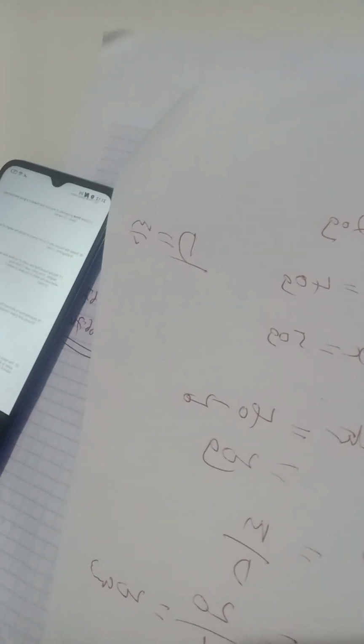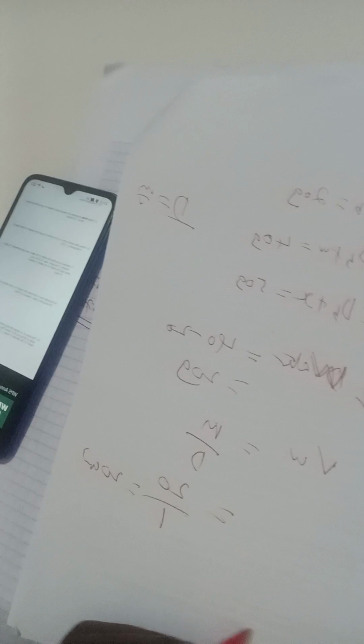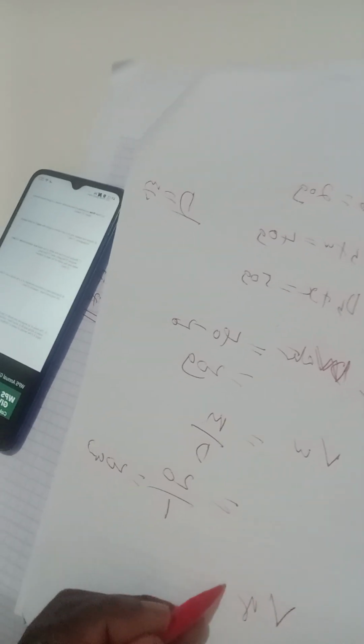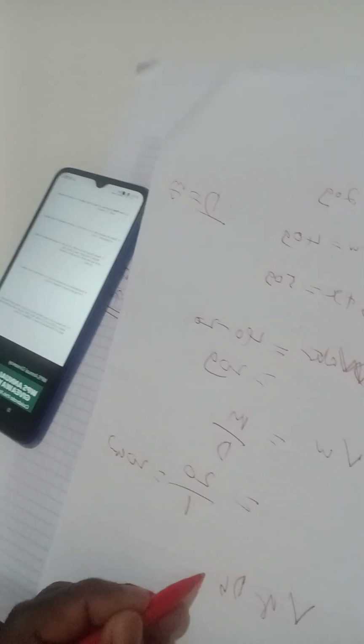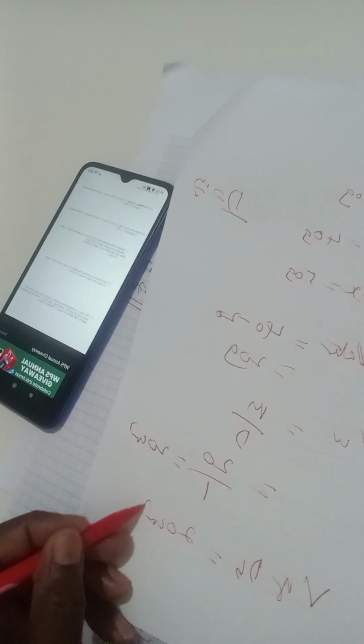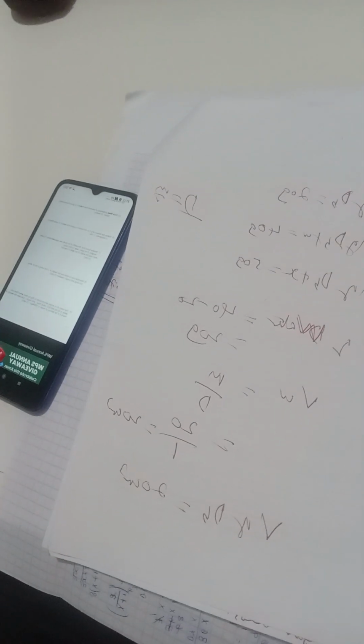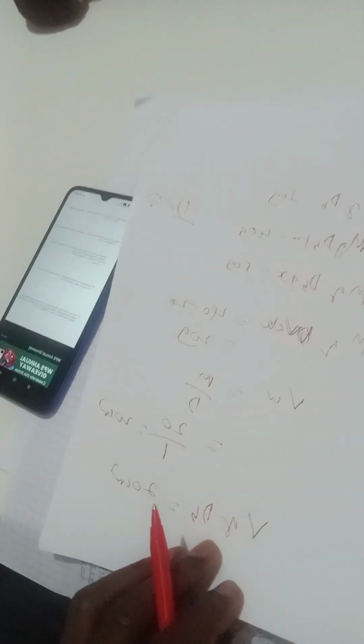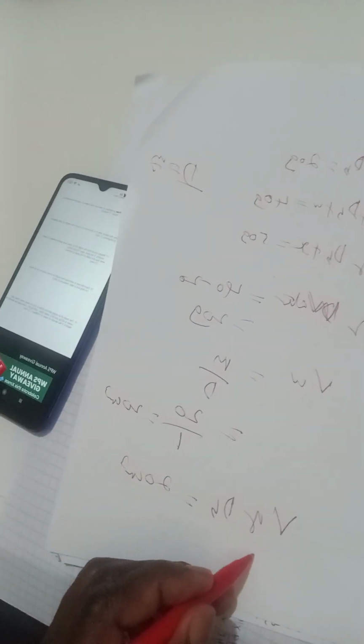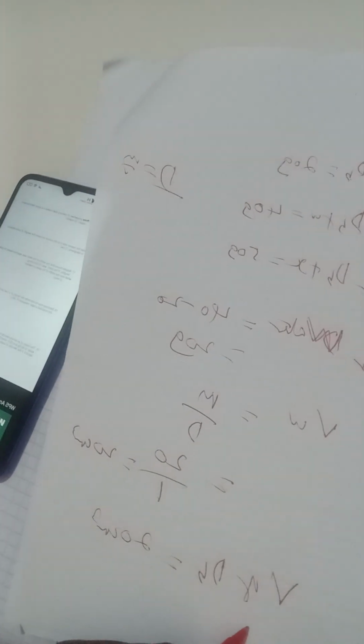And calculate the density of liquid X. The volume of the density bottle is also 20, because the water filled the density bottle. Then calculate the density of liquid X. Density of X is equal to mass over volume.